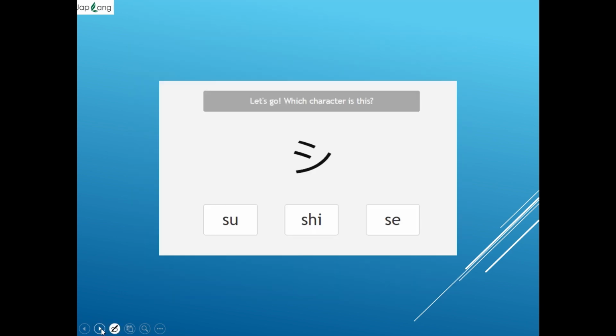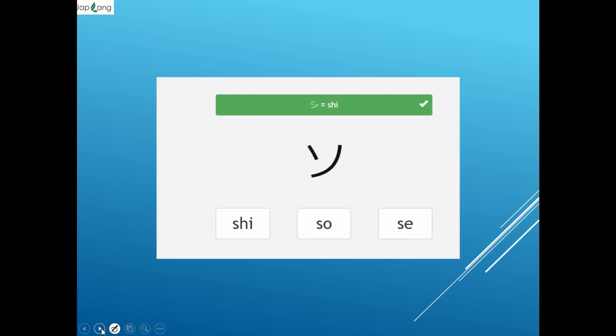Let's have a small quiz. This character is, all right, correct. This is shi. Next is so.